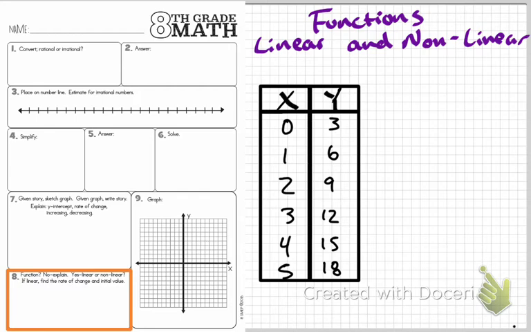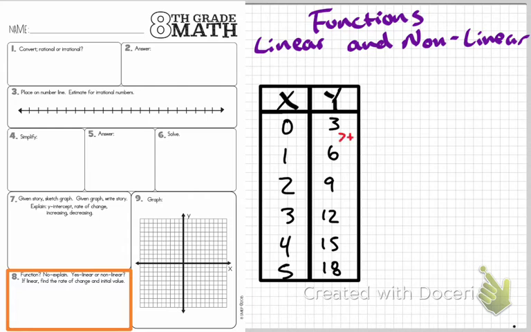This is a predictable pattern. For every one value that I put in for X, I'm going to add 3 to the last Y value that I had. So we could continue making predictions. Now, one of the things that you are asked to do, if things are linear equations or linear functions, is to determine the rate of change.